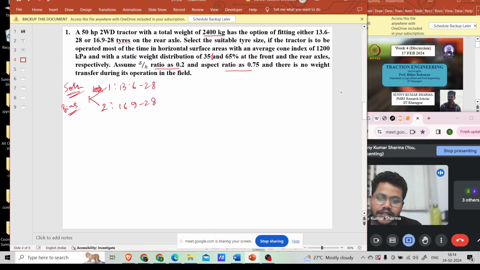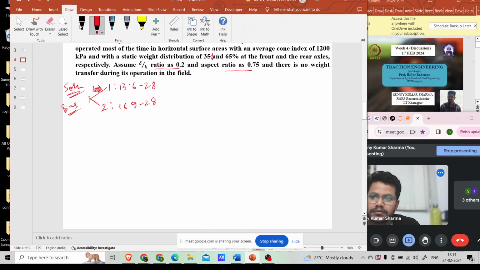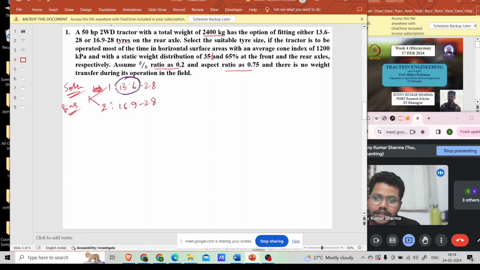And 13.6 is what? Width or diameter or radius? It is section width. In which unit? In inches. Here also it is section width in inches. And aspect ratio is given as 0.75.